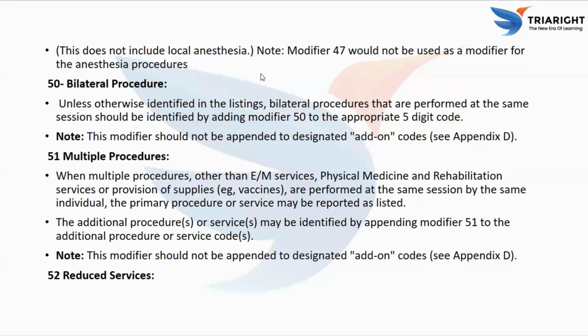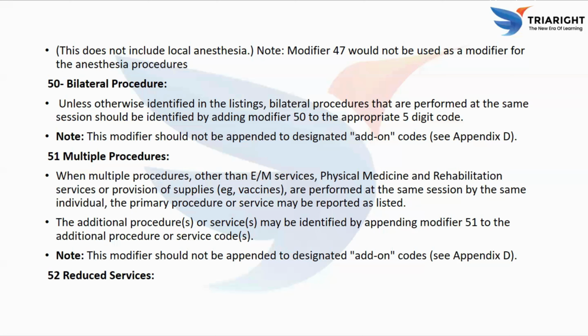Modifier 51 for multiple procedures. Modifier 51 is used when more than one procedure, but not the E&M service, is done by the same provider in the same session. How is modifier 51 used? The primary procedure is reported without the modifier and additional procedures are reported with modifier 51.